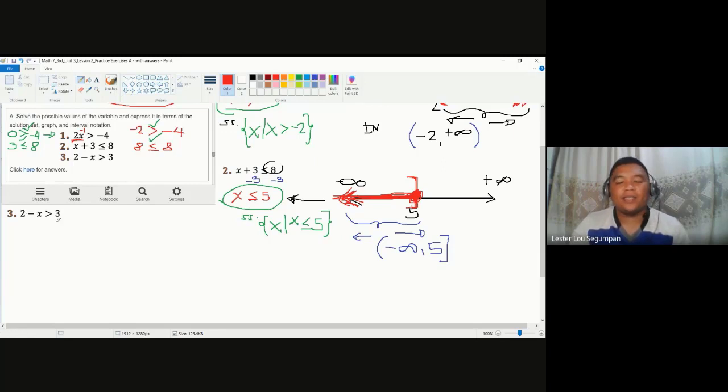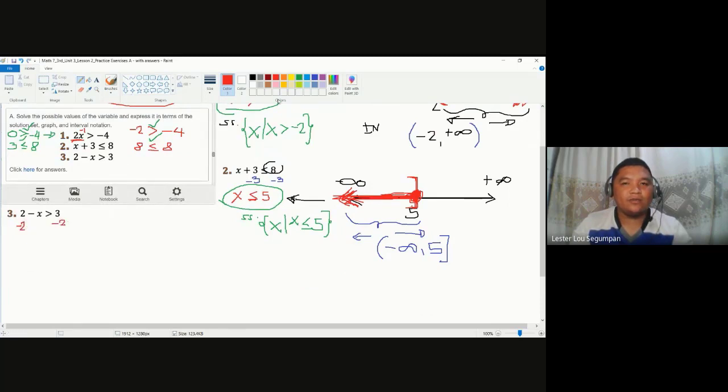If you add 2 here, this will not be removed. It will just increase into 4 and so on and so forth. So instead of looking at this symbol, look at the sign of 2, because that is what we're going to remove here. The sign of 2 is positive 2. So in this case, we are going to subtract 2 from both sides.